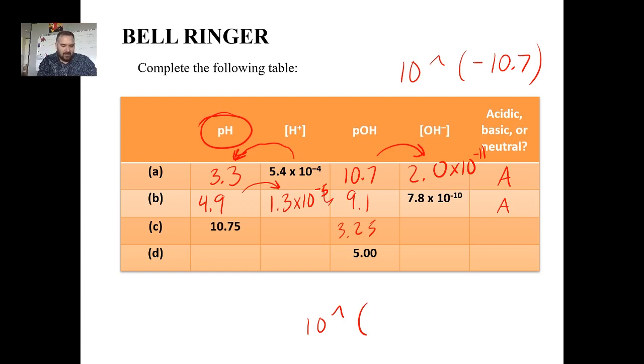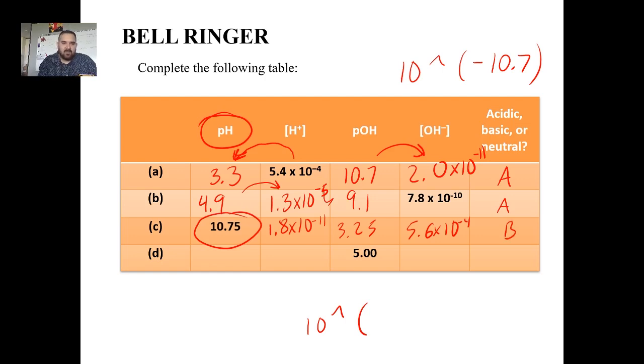On your calculator, that's going to be second log, 10 to the power of minus 10.75. And that should give you 1.77 or 1.8 times 10 to the power of minus 11. And then for the other one, we're going to do second log and then minus 3.25. And that's going to give us 5.6 times 10 to the power of minus 4. And because our pH is so high, this is going to be our base.